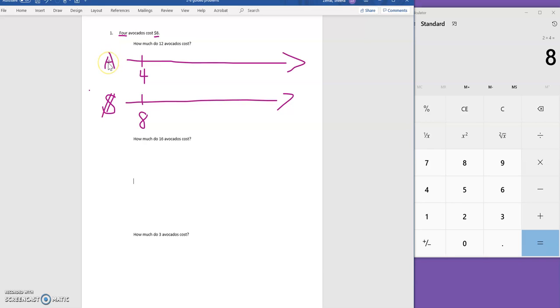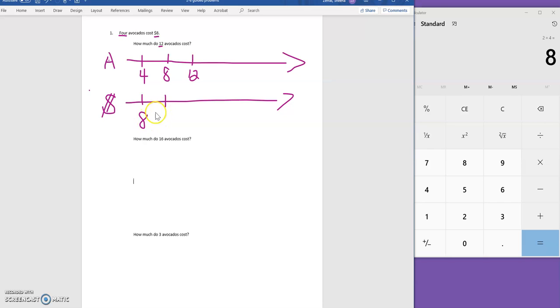I'm going to continue counting on my avocado line until I get to 12 avocados. So 4 times 2, and I can see 4 times 3 will give me 12. So I need to identify the number that connects with the 12 avocados. So I continue my dollar number line, making sure I'm putting one directly underneath each.